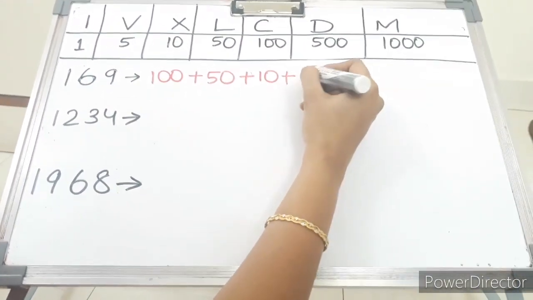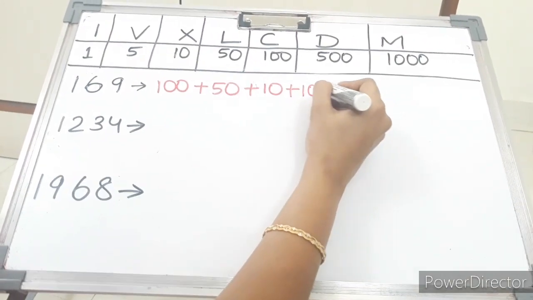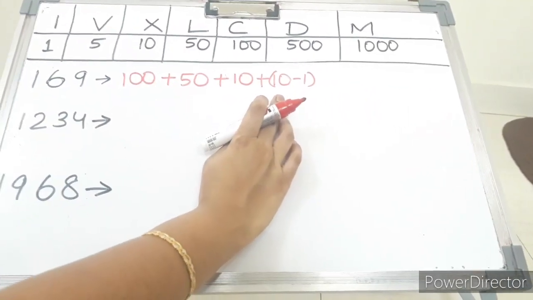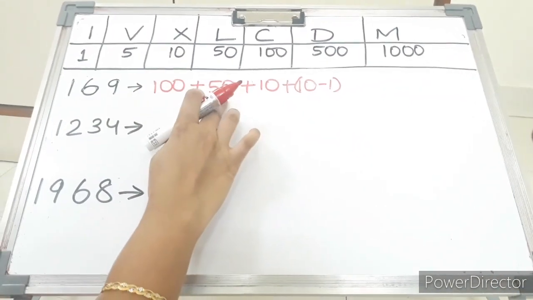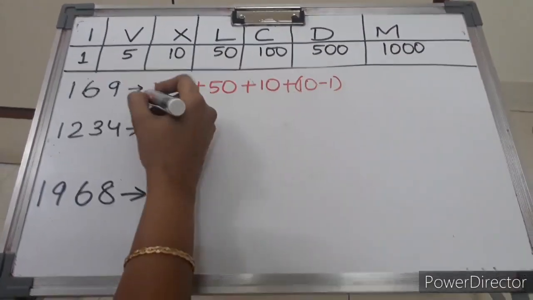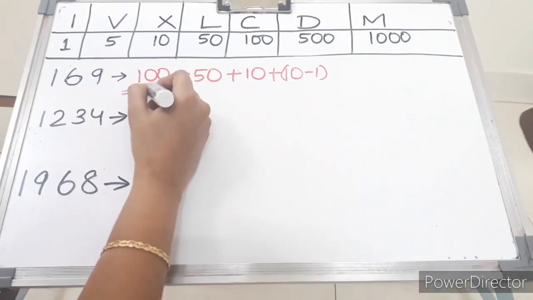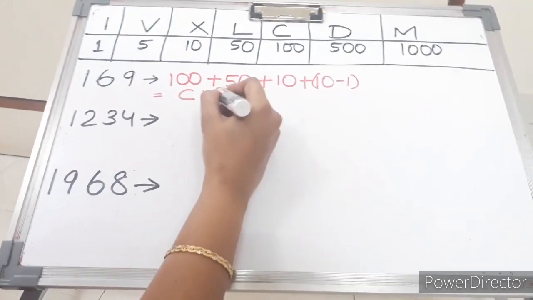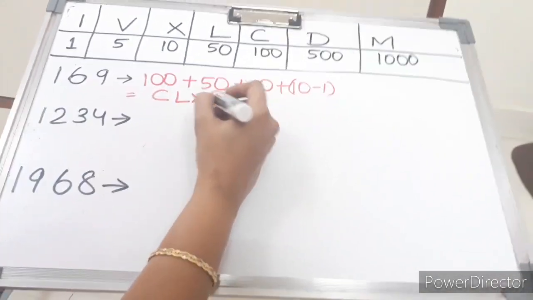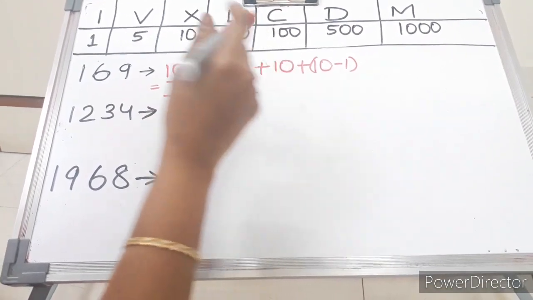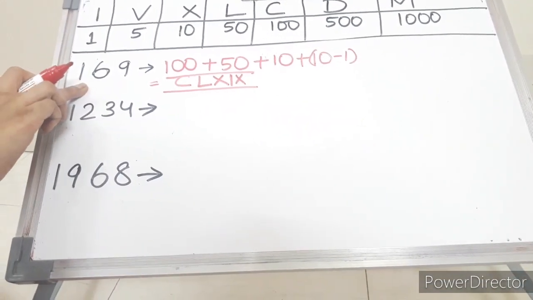Again, what we have to do here is 10 minus 1, which is 9. So 100 plus 50 is 150, 160 and 169. You can check it like this. The value 100 is C, and L, plus 10 is X, and this you know, 9 is 10 minus 1. So this is the Roman numeral for 169. This is the way we have to do it.